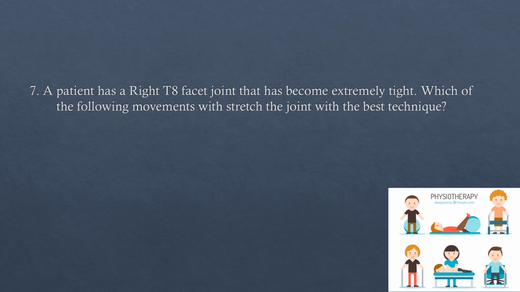Question number 7. A patient has a right T8 facet joint that has become extremely tight. Which of the following movements would stretch the joint with the best technique? A. Left trunk rotation and extension. B. Left trunk rotation and flexion.